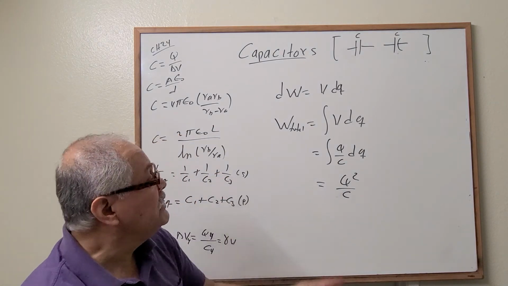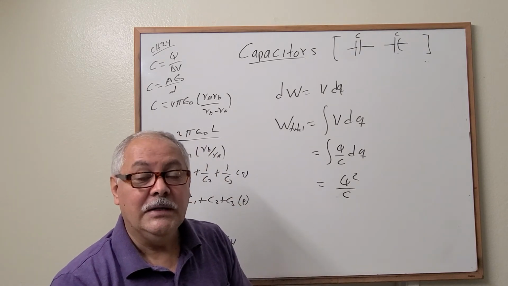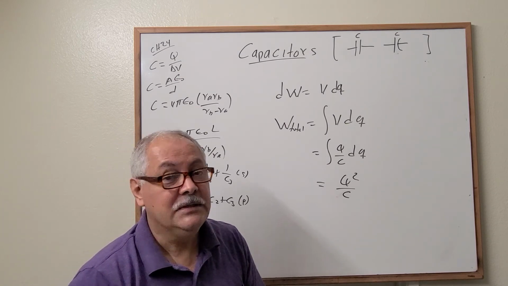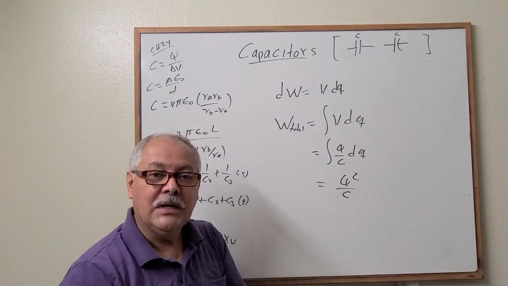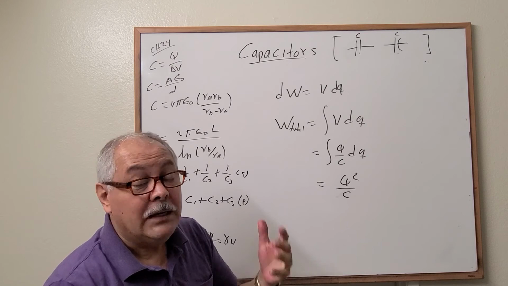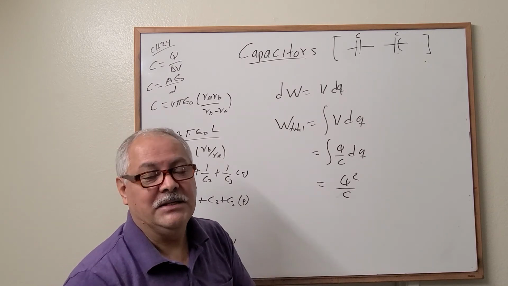But this total work is also the energy stored by the capacitor. So the work used to charge the capacitor is converted into the electric potential energy of the capacitor, the energy stored by the capacitor.